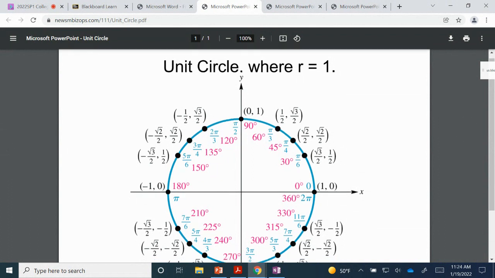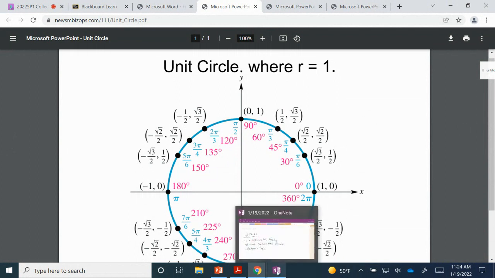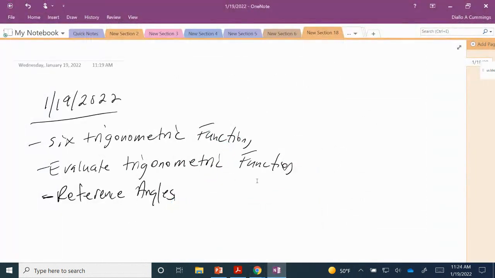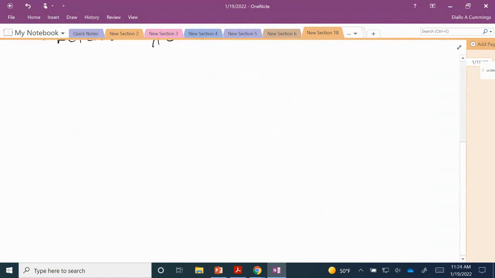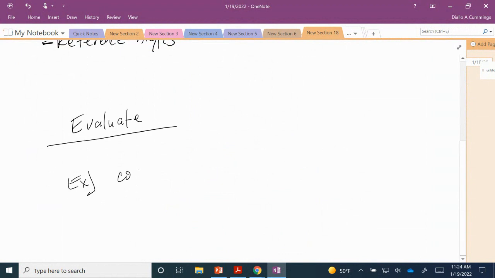So for example, if we wanted to find the cosine of 30 degrees using a unit circle, how would we find it?